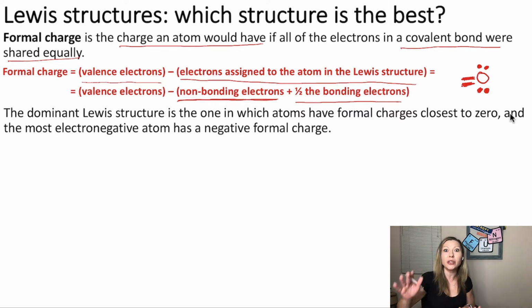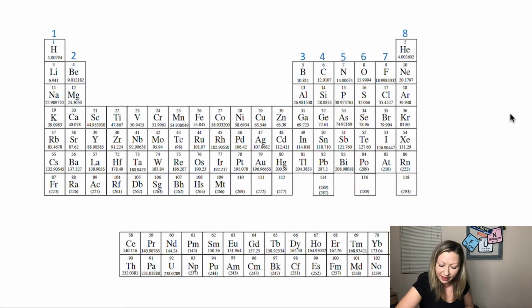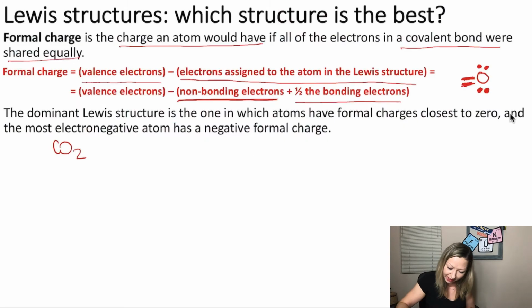Let's do carbon dioxide and figure out which Lewis structure is the best. So carbon dioxide is CO2. Let's check the number of valence electrons. Carbon has 4, oxygen has 6. So 4 plus 2 times 6 is going to give us 16 valence electrons.